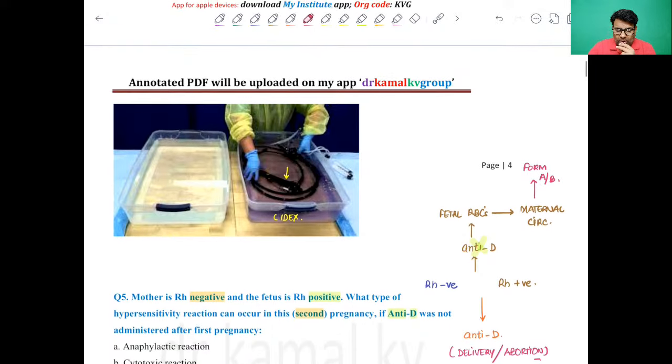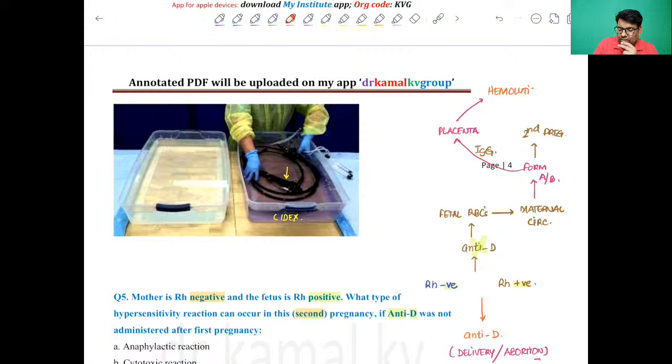Clear? Now what will happen in second pregnancy? If the situation is same, Rh negative, Rh positive, then what will happen? The maternal antibodies will cross the placenta, because these are IgG type, and they will cause hemolytic reaction within the fetus.